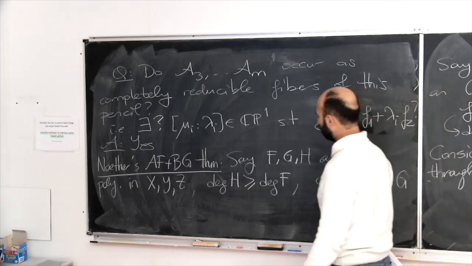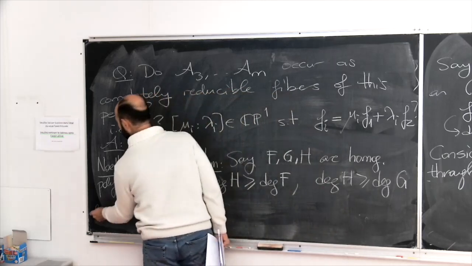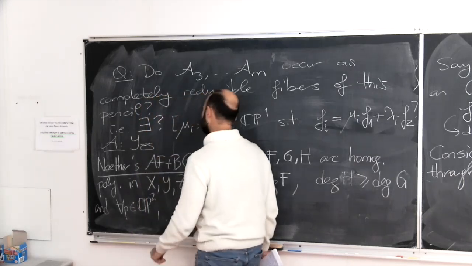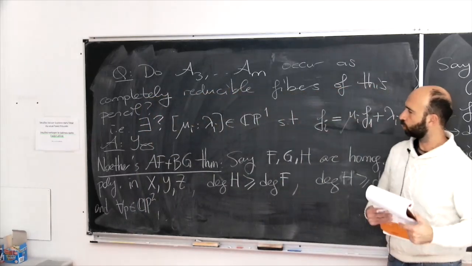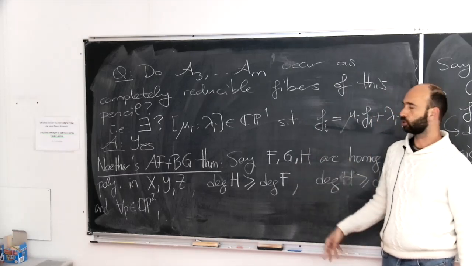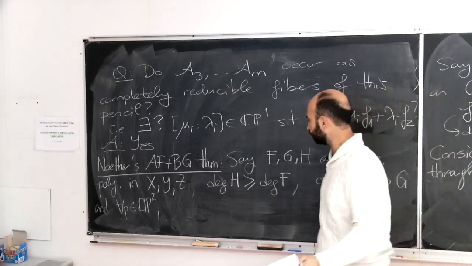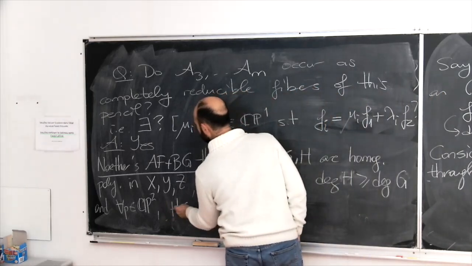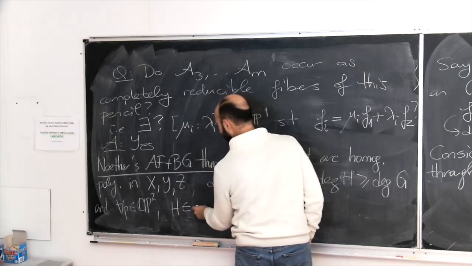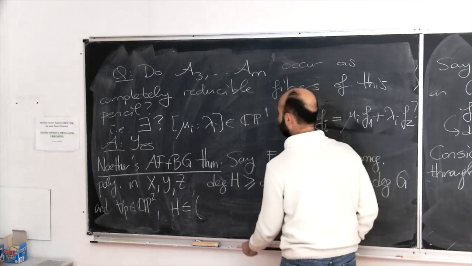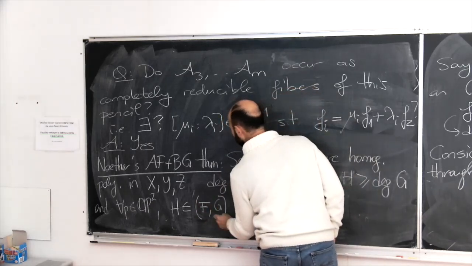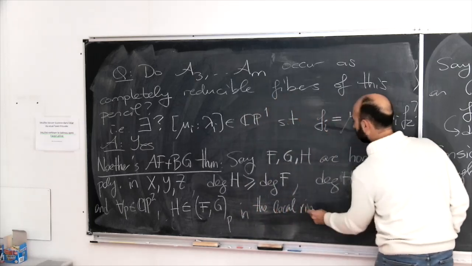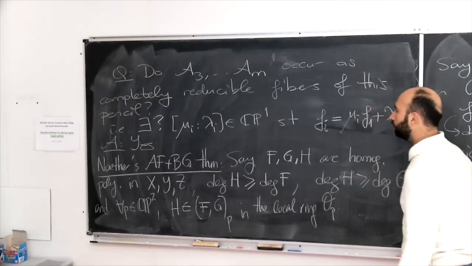And furthermore, for all points P in the plane, you could concentrate on what happens at P, which algebraically means you look at the local ring at P. So H lies in the ideal generated by F and G in the local ring O_P.